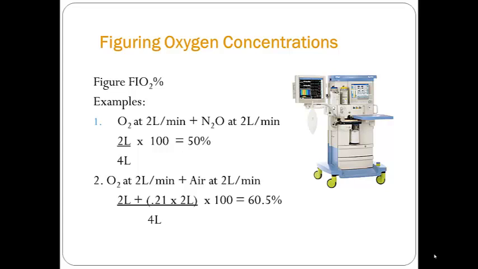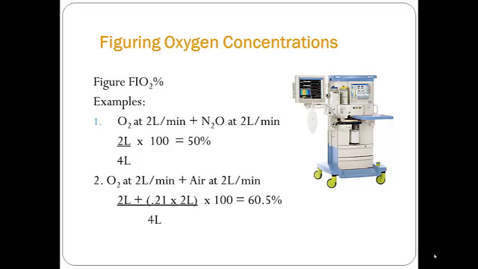It gets a little bit more complicated when you're running oxygen and air. Obviously, all of the oxygen that you dial in is available to the cells, but 21% of the air that you dial into the air flow meter is also oxygen that's available to the cells. So in this case, the numerator gets a little more complicated. I put in 2 liters for the entire volume coming from the oxygen flow meter, and I added to that 21% of the gas coming from the air flow meter, which is actual oxygen that's available to the cells for cellular respiration.